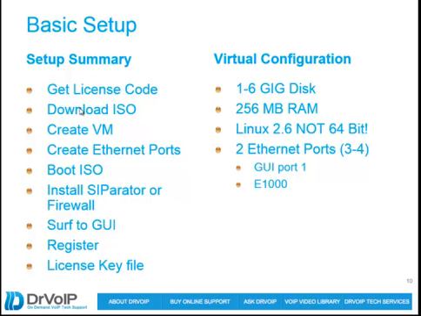It's as simple as a 1 gig disk drive. 6 gigs is just fine. Memory as low as 256 megabytes of RAM. It's running on Linux 2.6, not 64-bit, and you will need two Ethernet ports, right?